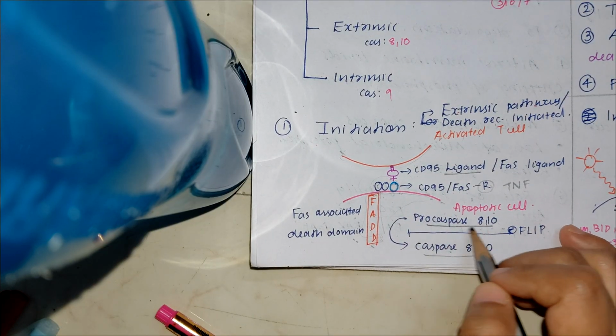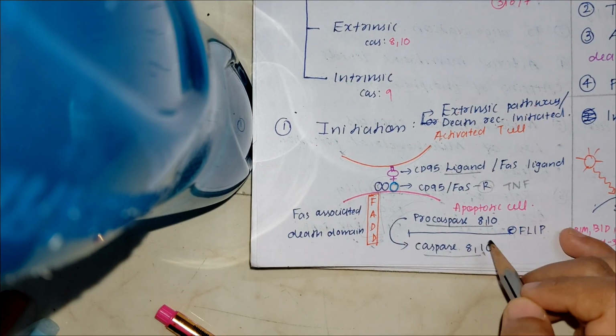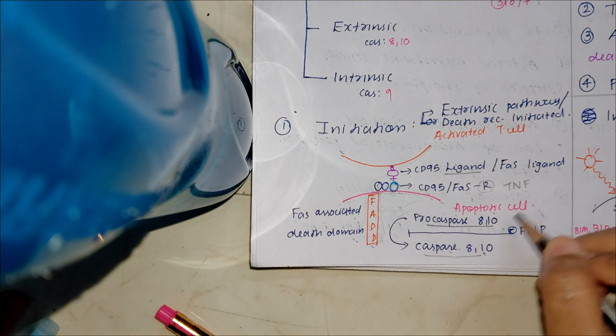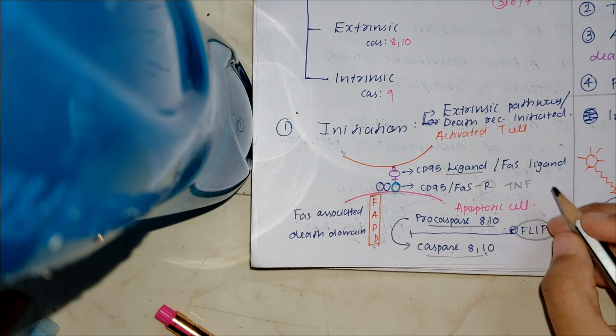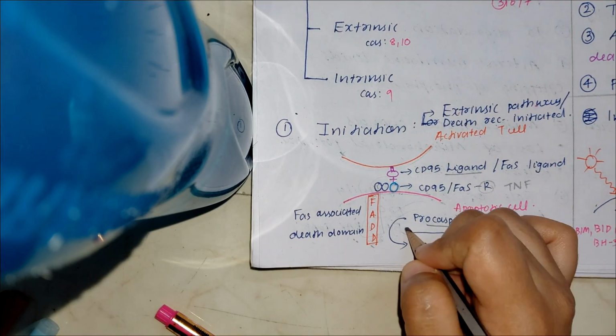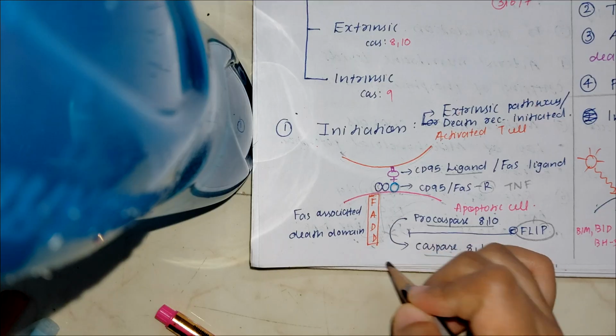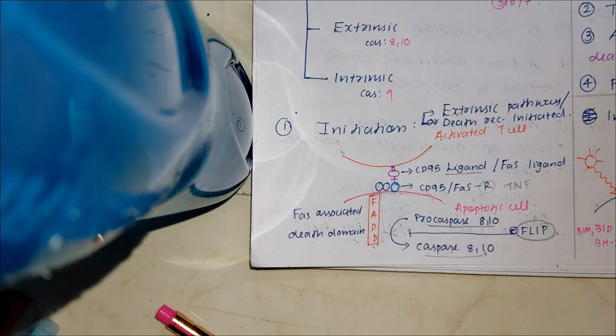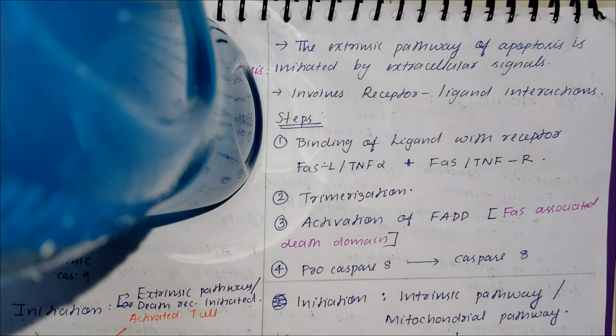It binds with pro-caspase 8 and 10 and converts them to activated caspase 8 and 10. I have also mentioned something called FLIP. FLIP is an anti-apoptotic factor. If FLIP acts here, this gets inhibited and apoptosis won't happen.